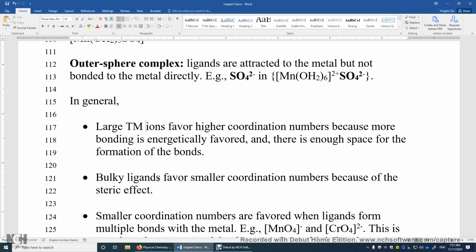So in that case, the ligand is very bulky, and then a transition metal can only form just fewer or smaller number of bonds with such bulky ligands. So if you have, again, tricyclohexylphosphine ligands, the coordination number is usually less than 4.